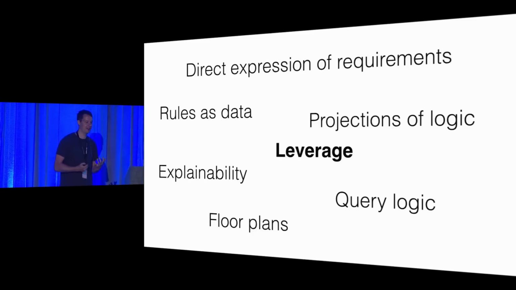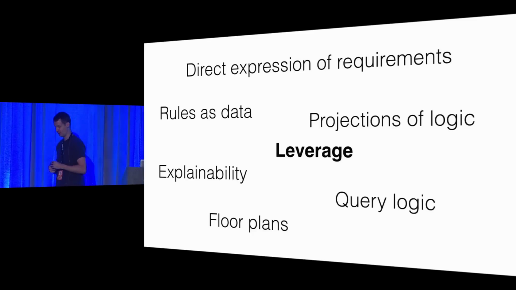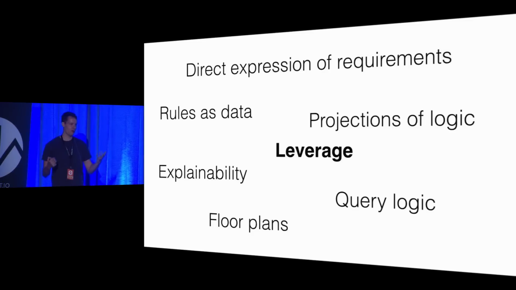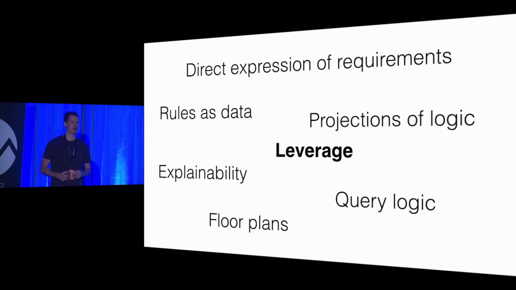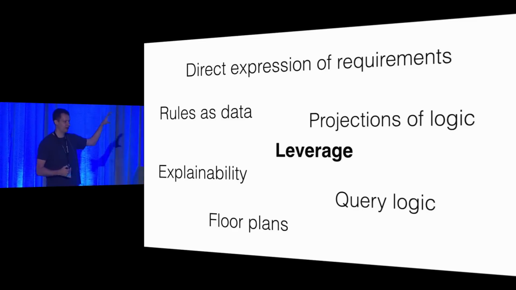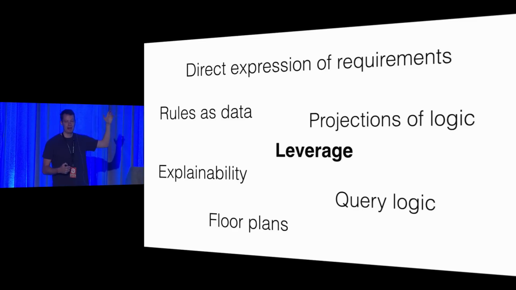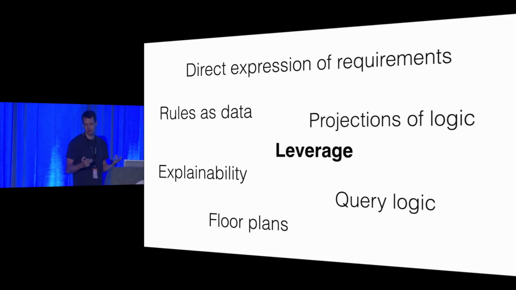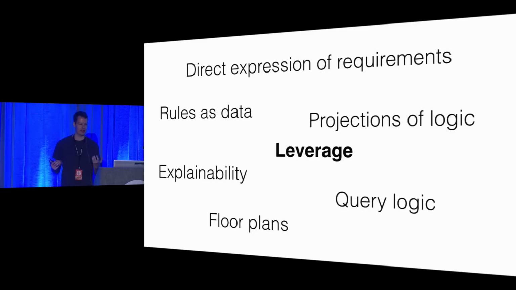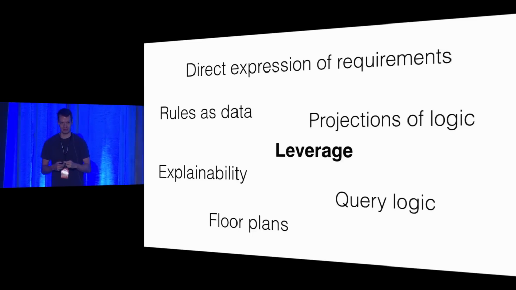And floor plans, I don't think quite does it justice. I'd love a better metaphor for this, because floor plans are static, they're two-dimensional, they're pieces of paper. But if we have this leverage by having our logic mapped to our users' needs in a data structure that we can query and explore in arbitrary ways, then we've created a source of leverage that everyone can tap into and build new ways to explore our business logic and new ways to collaborate with our end users on it.